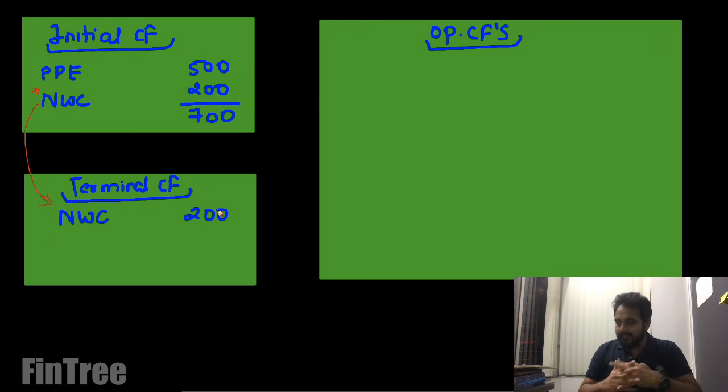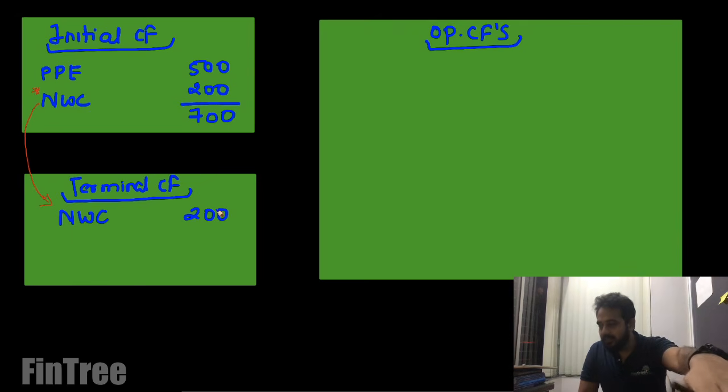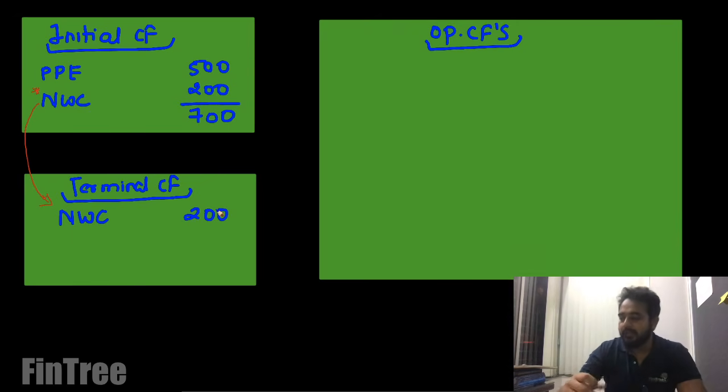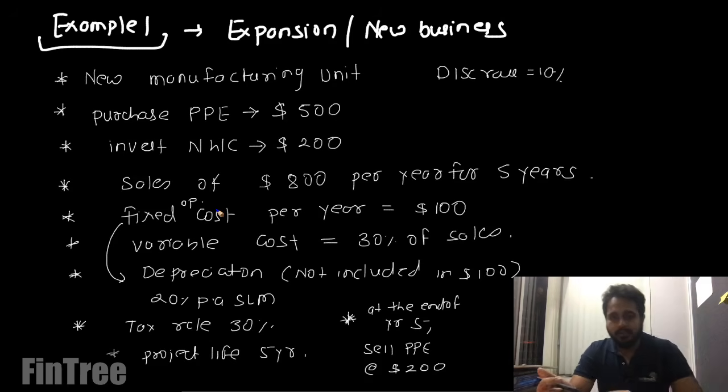Whatever we invest in net working capital, if the question does not mention anything, we release the whole net working capital at the end. Otherwise, the question will give us some sort of release ratio, 30%, 40%, 50%. Then we take the original investment in net working capital, multiply it with the release ratio, and that becomes your inflow at the end of the business. Okay, so hopefully this is okay with you.